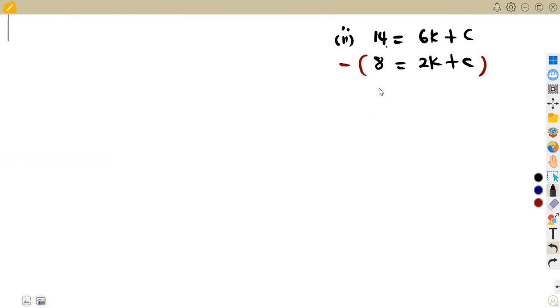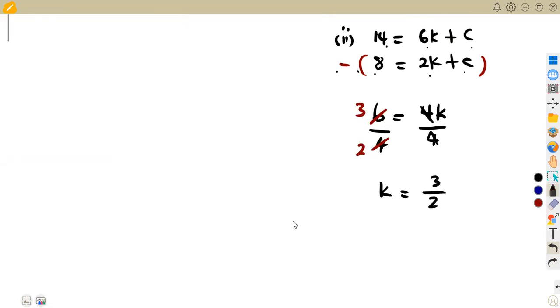That means 14 minus 8, we are going to obtain 6 is equal to 6k minus 2k, which is going to be 4k. c minus c, that's a 0. So to find k, simply divide by 4 both sides. So we are going to obtain the value of k as what? 6 over 4, dividing by 2 gives 3 over 2. So k is going to be 3 over 2.